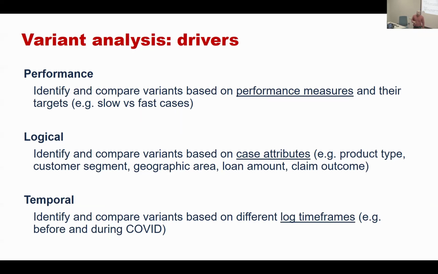In other words, when you do an analysis, after finding that there are performance issues, try to nail down those performance issues by cutting your log into slow cases, fast cases, different logical divisions according to domain attributes, and also temporal divisions of the log according to different periods of time, low season versus high season, and start doing a lot of comparisons.